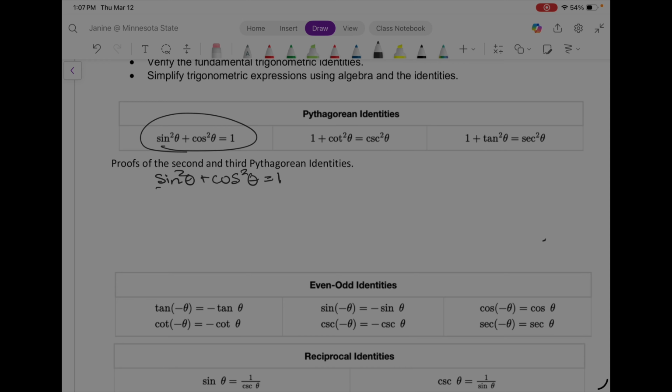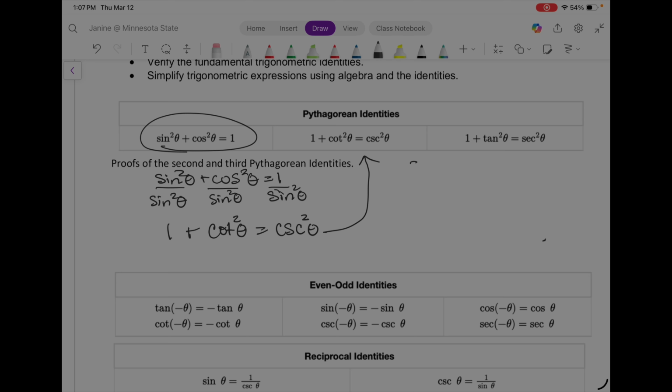Okay, but if I start with that, and I go ahead and I divide every single term by sine of theta squared, I will get a 1. I will get a cotangent of theta squared, and I will get a cosecant of theta squared, and that is the second Pythagorean identity.